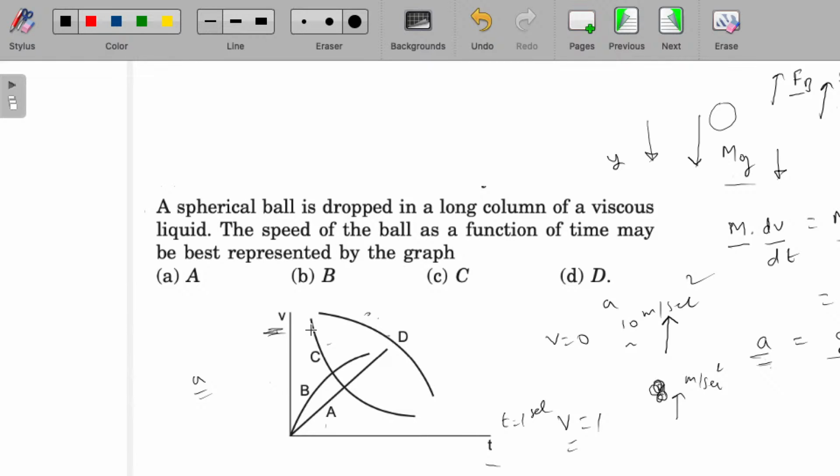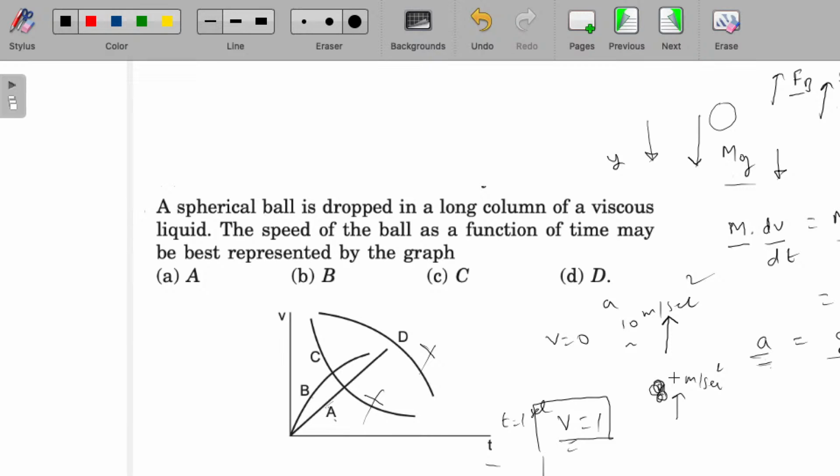I'm sorry, first of all, this is not a graph of A versus T, this is a graph of V versus T. So what should happen here is the slope should reduce, right? And what happens to velocity V? Velocity should increase, right? So which graphs here have a velocity which is increasing? You can notice D, it's not the case, C, it's not the case. A as well as B are both cases where the velocity is increasing. So the correct answer is supposed to be either A or B.